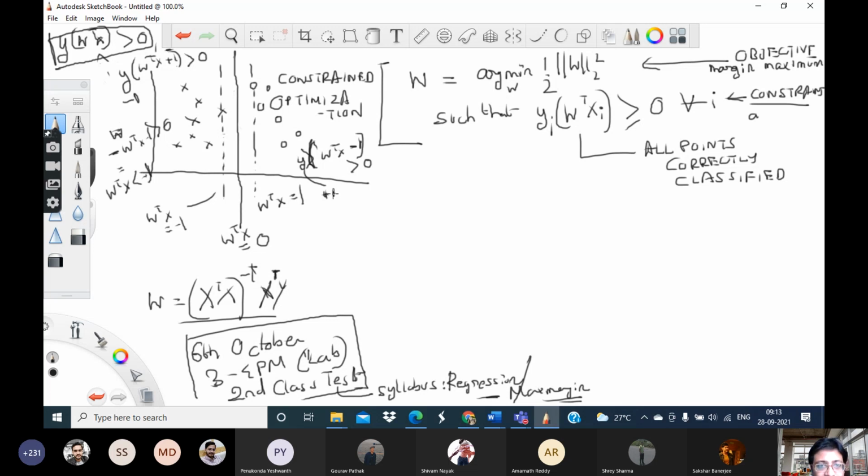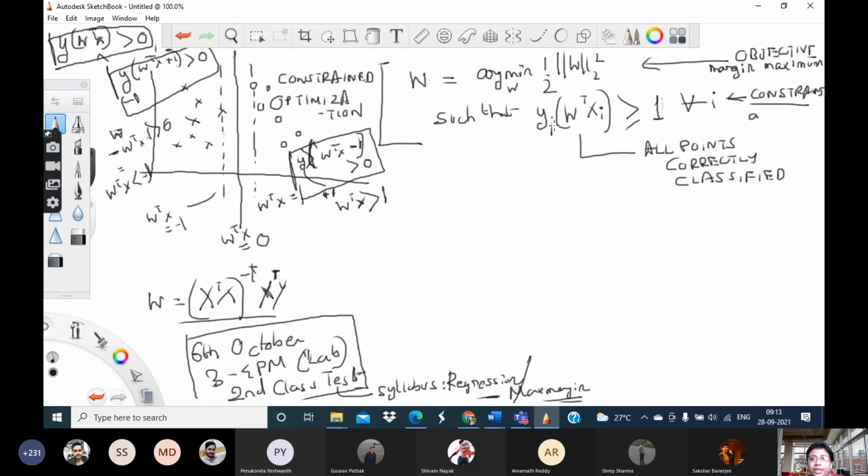In the other case, this condition implies W transpose X is greater than 1, right? So these two conditions together, I will express jointly by saying that this product should always be greater than or equal to 1.